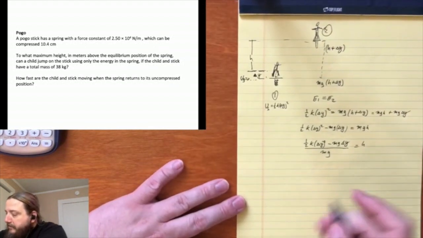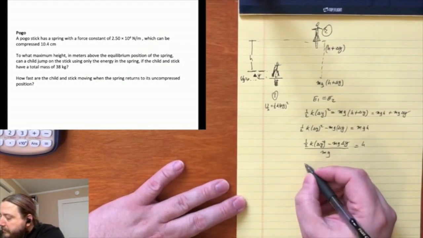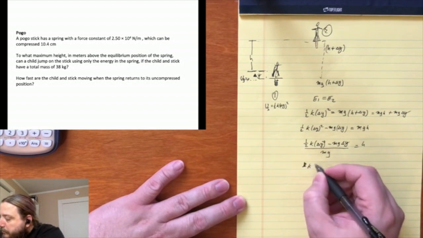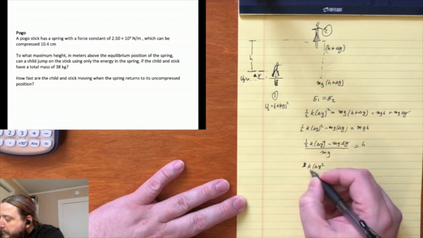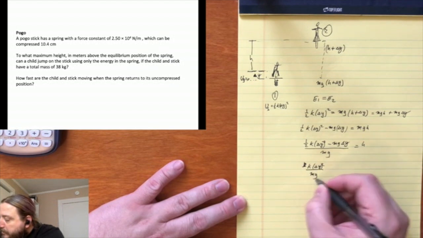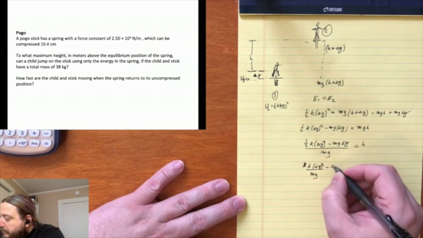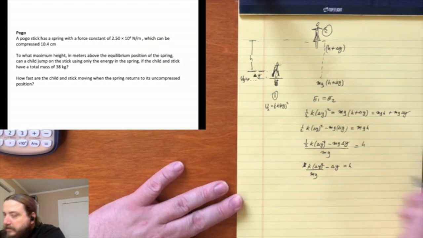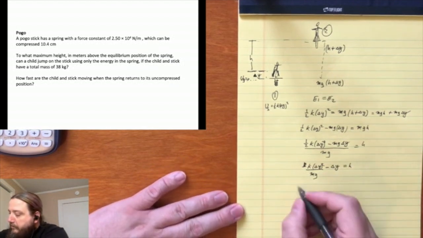We can simplify this left-hand side a little bit. Just k delta y squared over 2mg minus delta y is our height, and now we can start plugging in numbers.